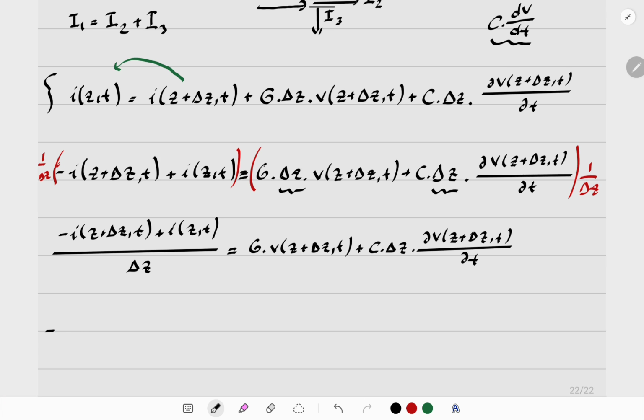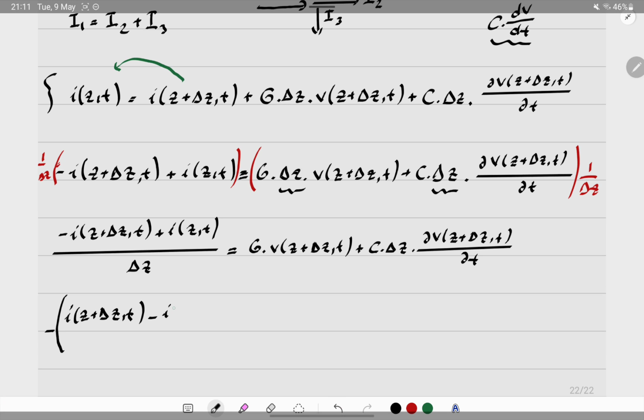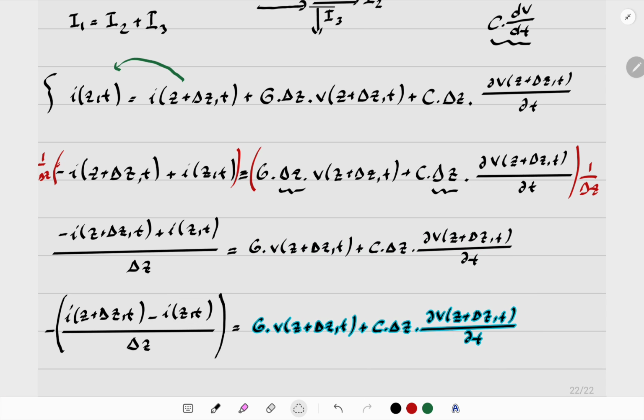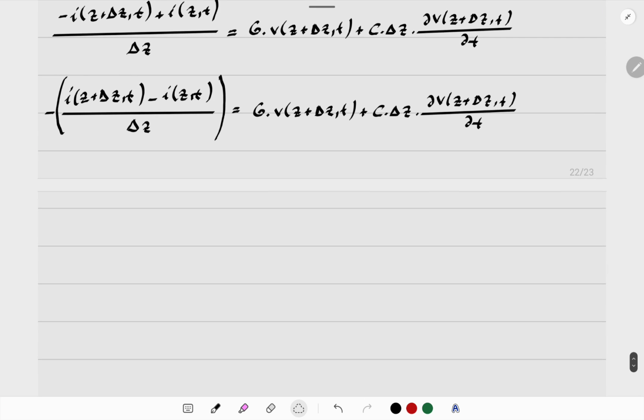We see that minus I times i(z + delta z, t), plus, sorry, minus this time, i(z, t) and delta z. The right part is completely the same. See, all right, great.